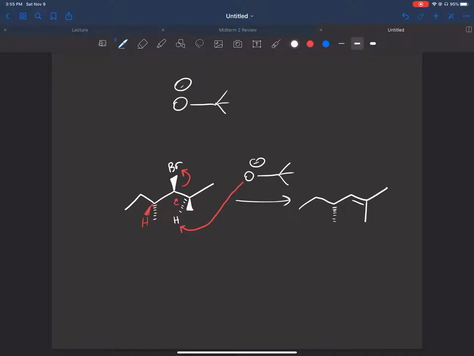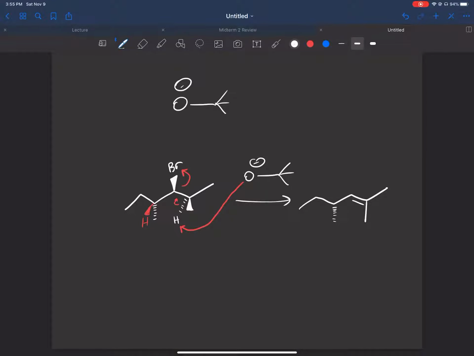Even if that means that the only hydrogen we can take will form the more substituted double bond. As long as it's anti, it's okay. But under no circumstances can we break the rule that the hydrogen has to be opposite the stereochemistry of the leaving group. That can never be broken.